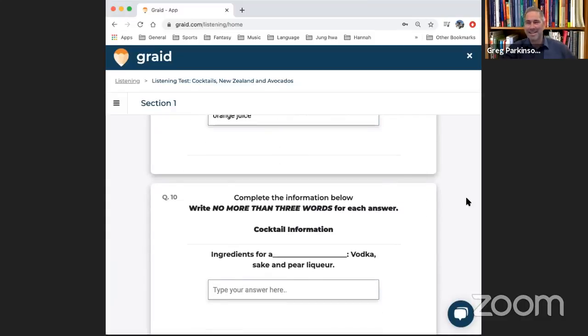I know it's hard on test day. This test is so important for you as a test taker, but you just need to try and relax and just focus on listening, because in that case, it was a pretty simple answer, orange juice. Now, again, we're looking for the final one, which is the name of a cocktail. If you do drink a lot of cocktails, maybe you know this one, but let's listen.